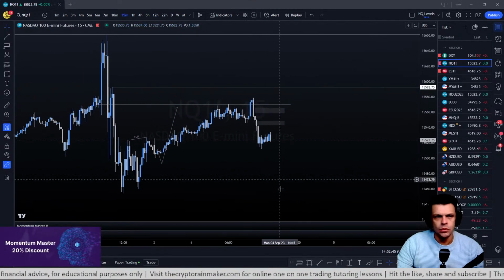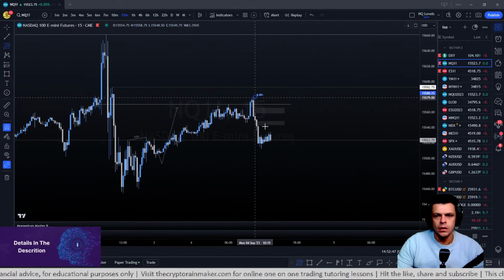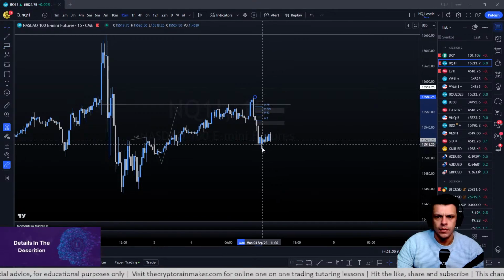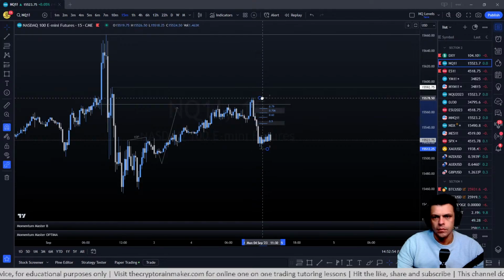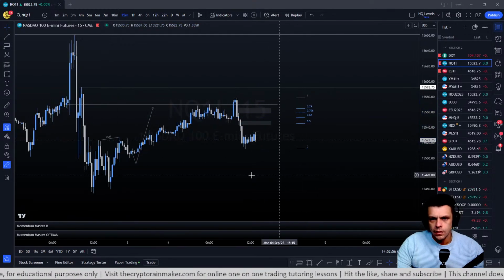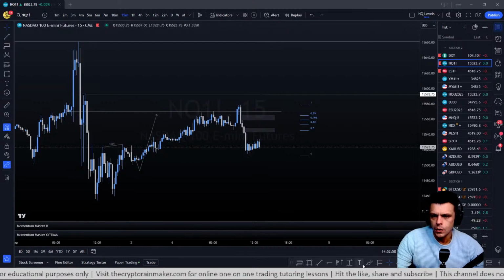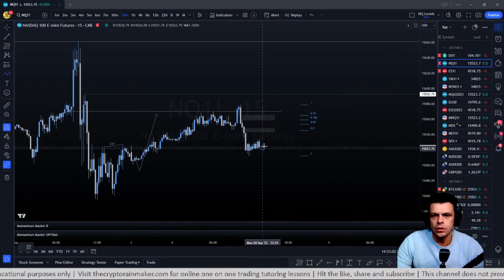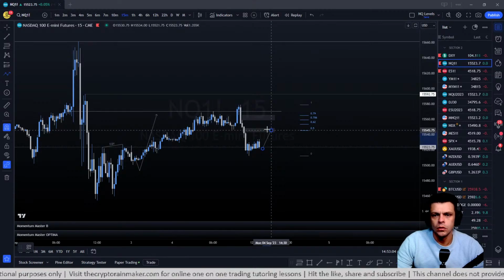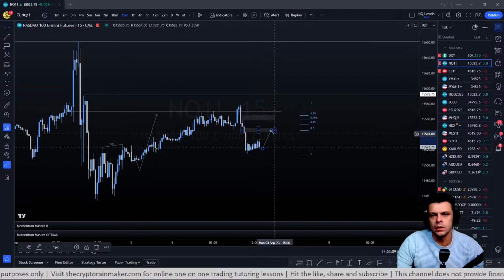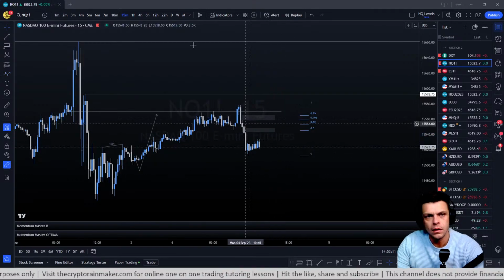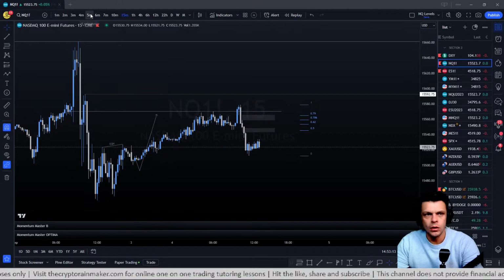Alright, so nice bearish order flow right there. Let's get a Fibonacci on this. Alright, so what I am expecting is a potential move back towards these imbalances. It can either be towards this one or that one. So once we get there, that is when you move to the lower time frames.